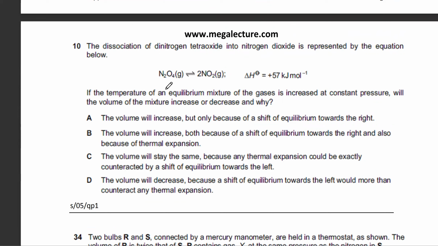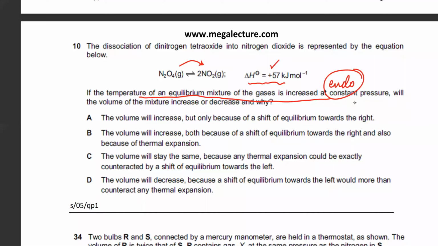This question states that if the temperature of an equilibrium mixture of the gases is increased, so he's increasing temperature, temperature favors the endothermic reaction. The delta H is always given for the forward reaction. It's got a positive value. That means the forward reaction is the one that's endothermic. The backward is the one that's exothermic.